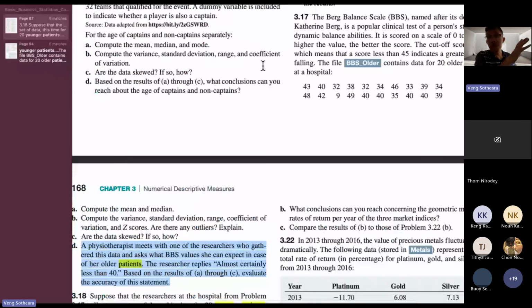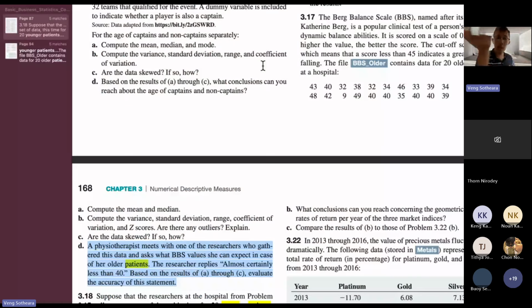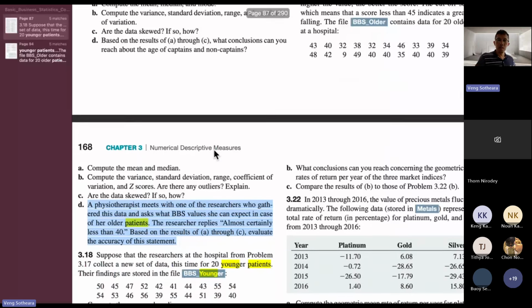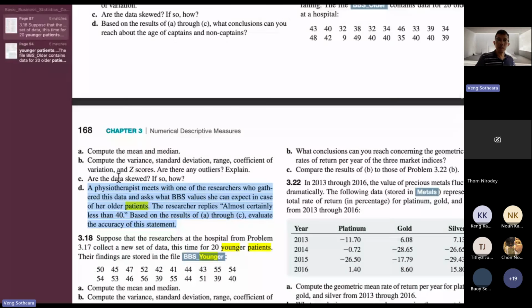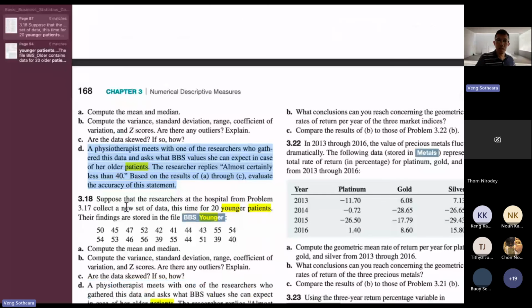You may use R to compute the mean, the median, the variance, standard deviation, or even rank, or even z-score. Just make it. But try to answer it point by point, right? So the last question is very important. Okay. So please try to answer this in a meaningful way, based on the knowledge that we have learned so far.